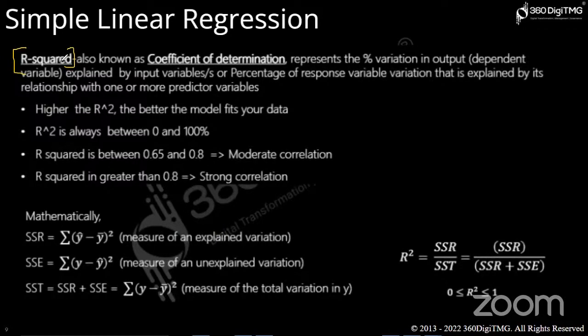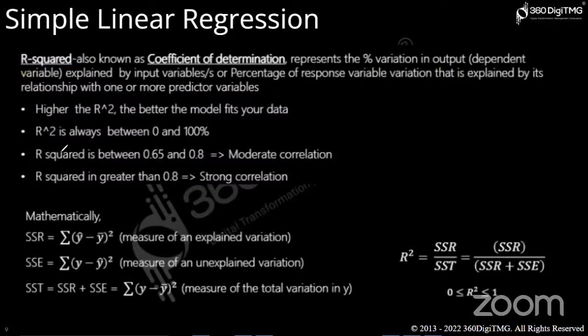It represents the percent variation in the output, that is, how much the dependent variable varies, and it is explained by the input variables, or the percentage of the response variable variation that is explained by its relationship with one or more predictor variables. The R squared gives me a better model.